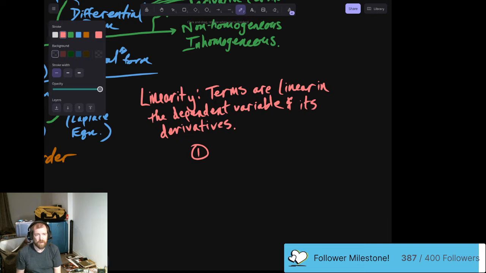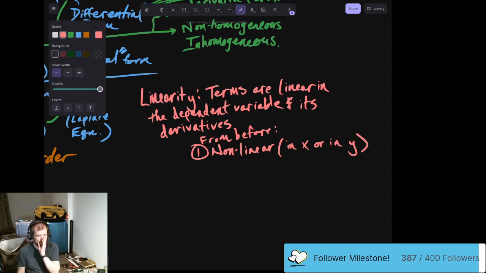So 1, right, from before, is going to be nonlinear. Whether it was in x or y, again, it doesn't matter.